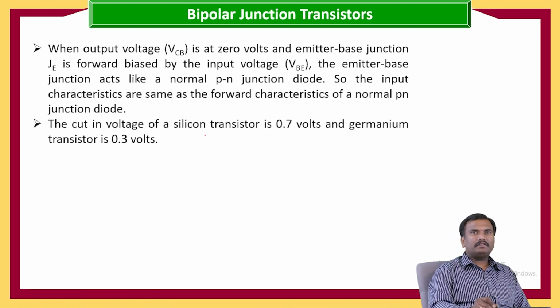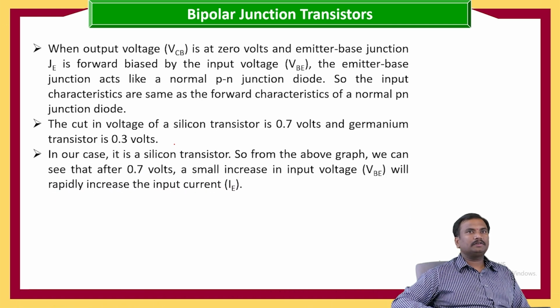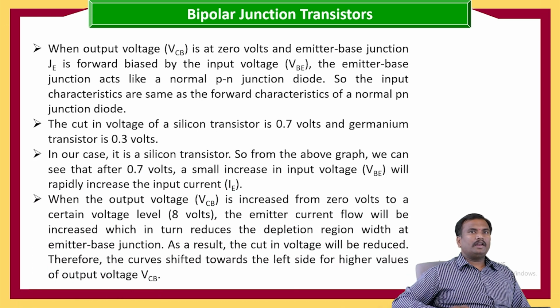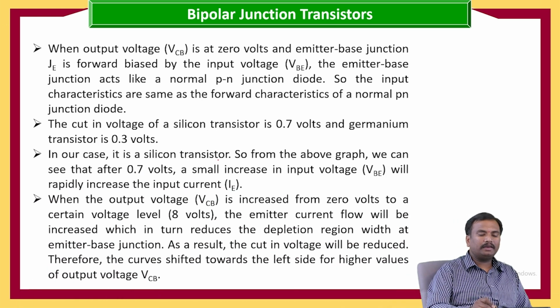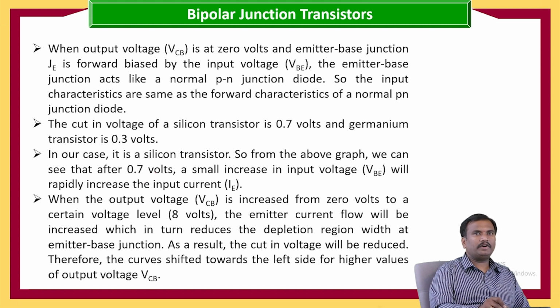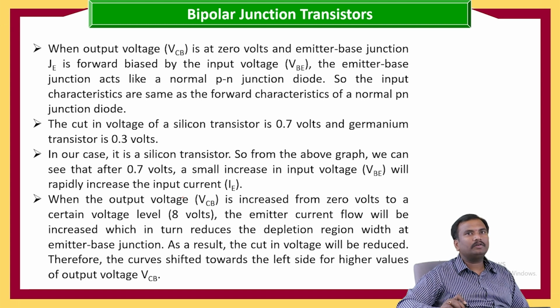Here the cut-in voltage of a silicon transistor is 0.7 volts and of a germanium transistor is 0.3 volts. In our case, we are taking a silicon transistor. So in the above graph, after VBE is 0.7 volts, a small increase in input voltage will rapidly increase the input current.